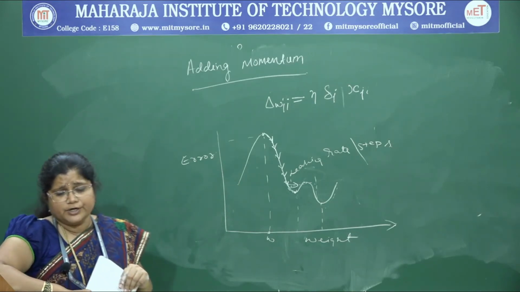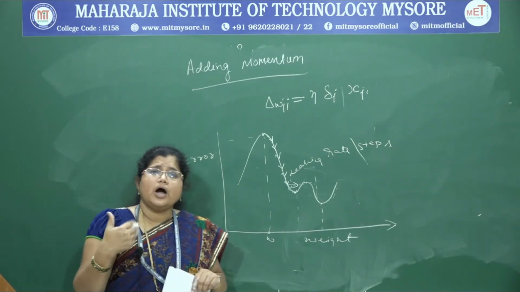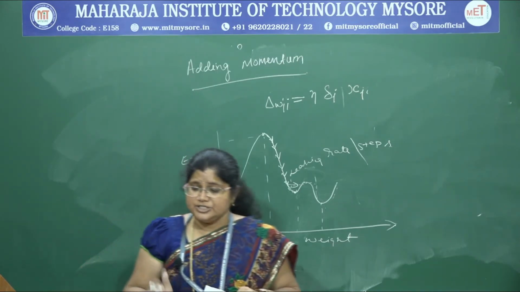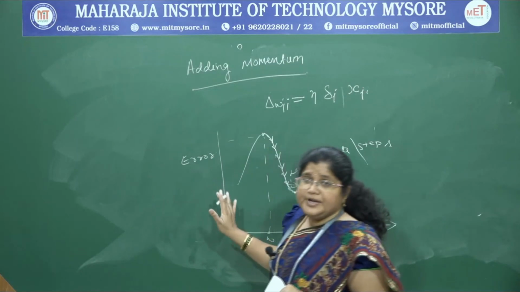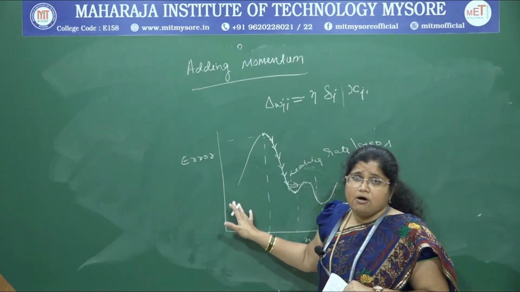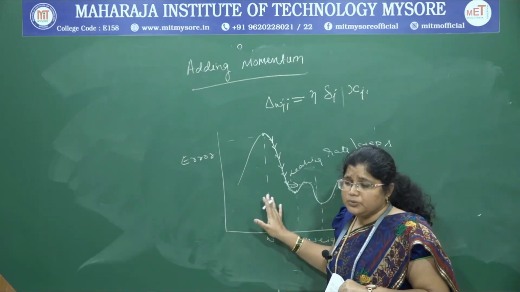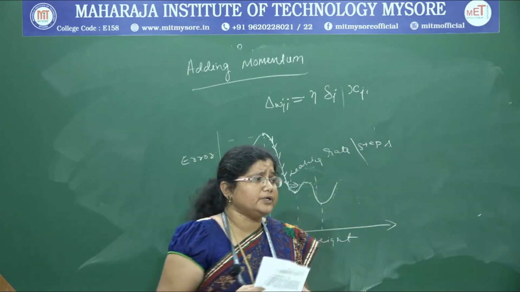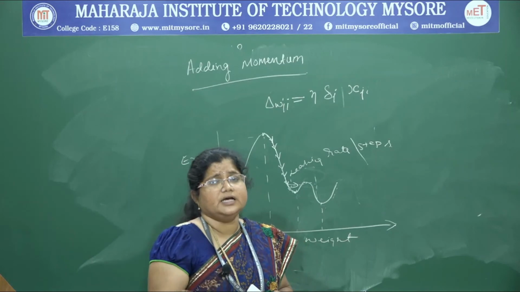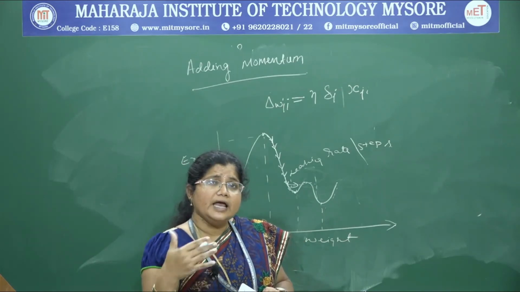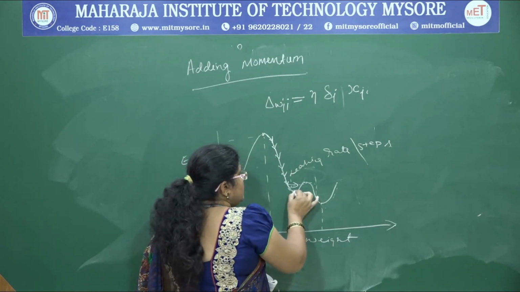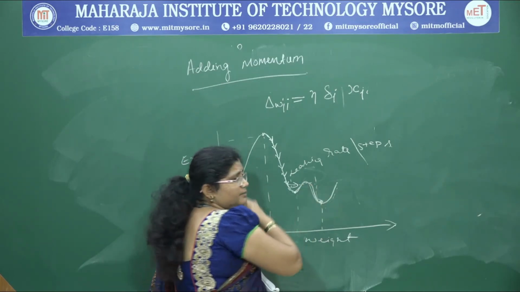Momentum tries to update the weights depending partially on the updation of the weights in the n plus 1th iteration, and tries to find the local minima.